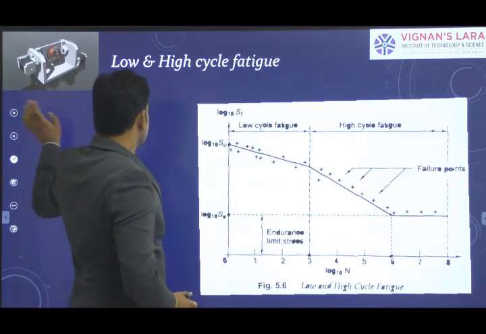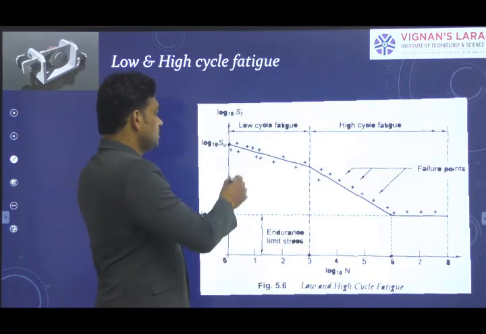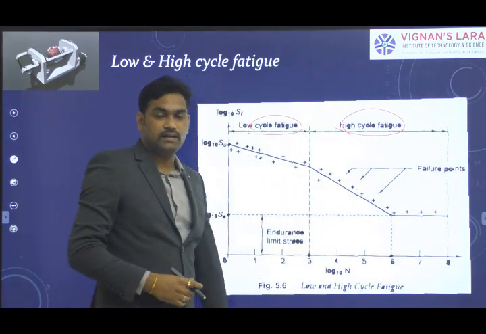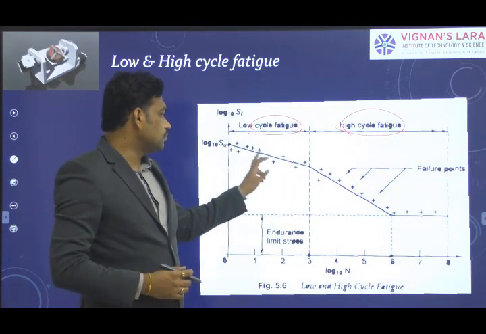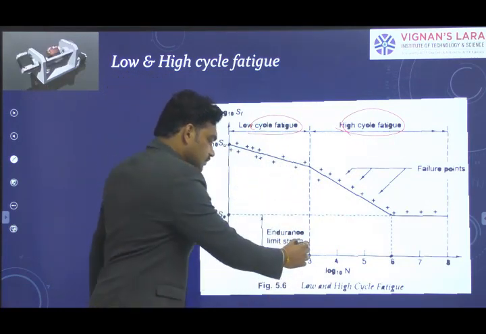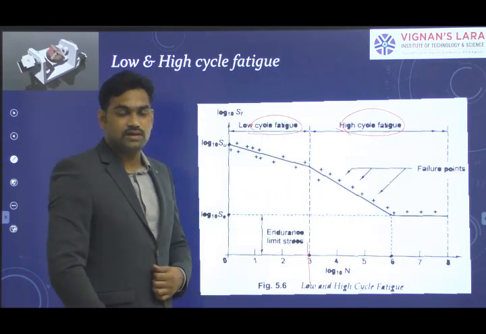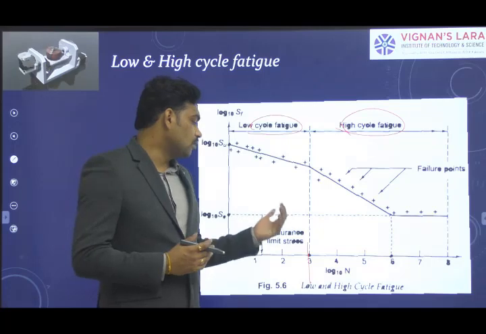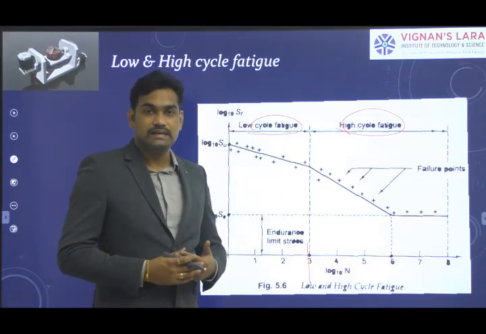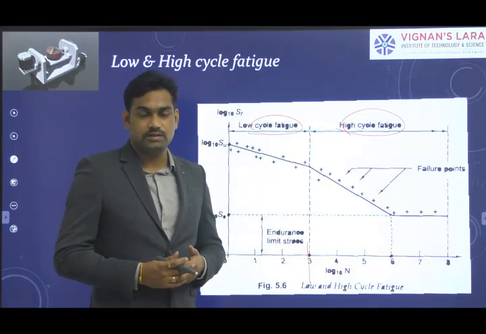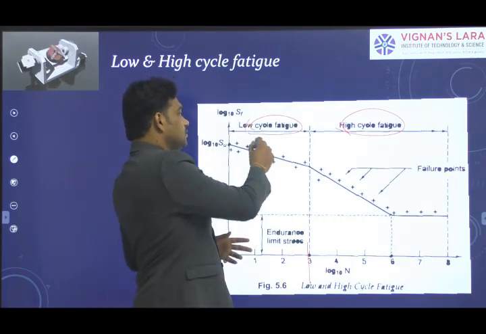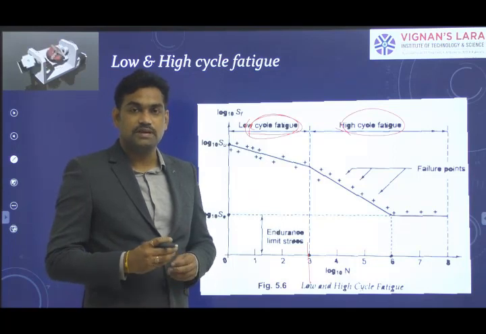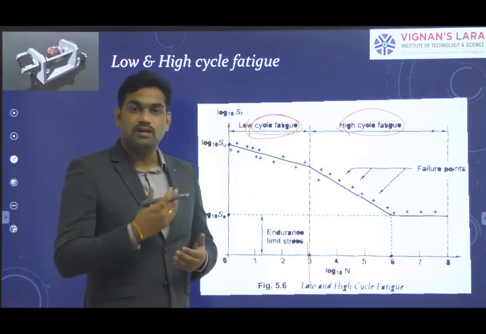Here you can also observe there are two regimes of fatigue: one is high cycle fatigue and the other is low cycle fatigue. Up to 10 power 3 cycles, that is 1000 cycles, the fatigue regime is called low cycle fatigue, which means the machine components are going to fail below this region.